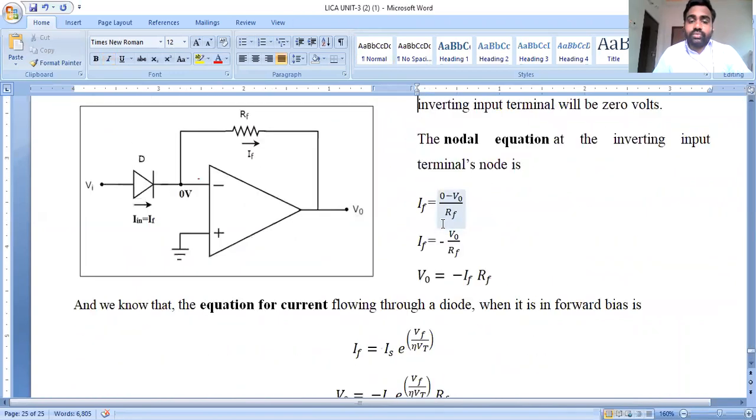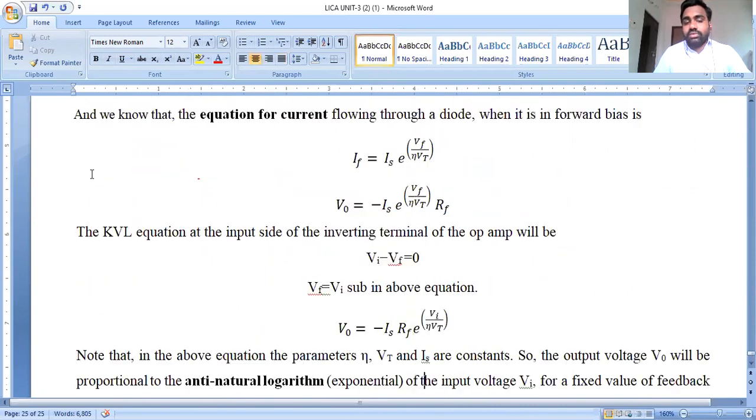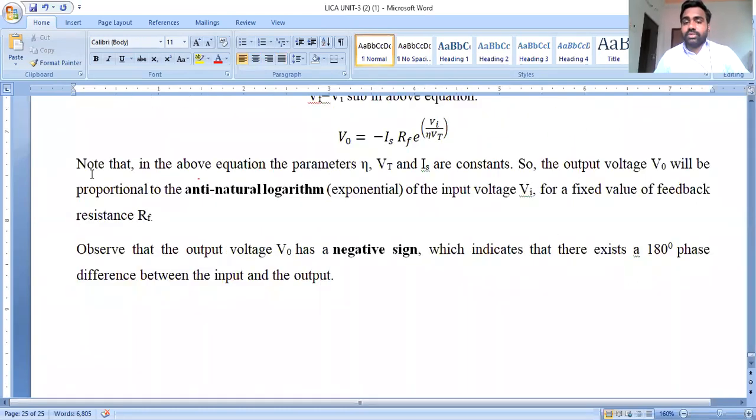Here the output voltage is proportional to the anti-logarithmic, that means exponential, value of the input voltage. That is the difference between logarithmic and anti-logarithmic amplifiers.